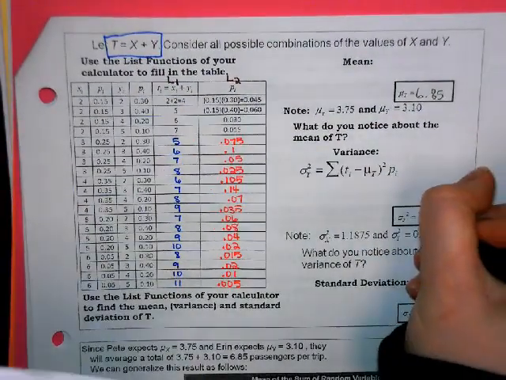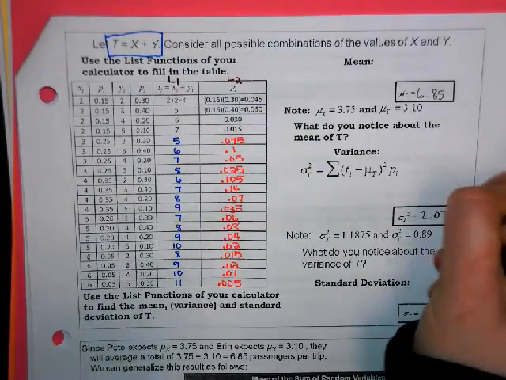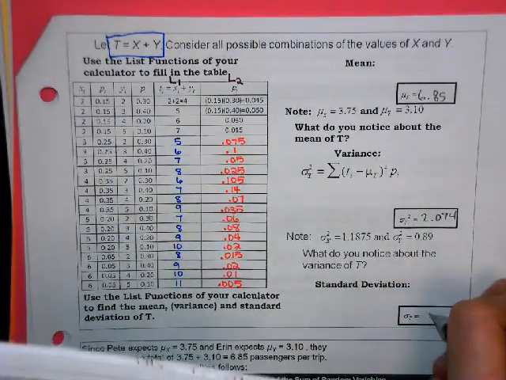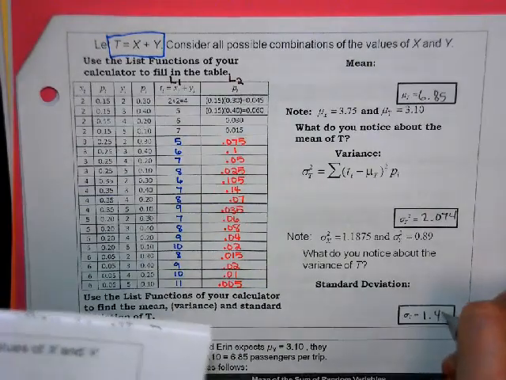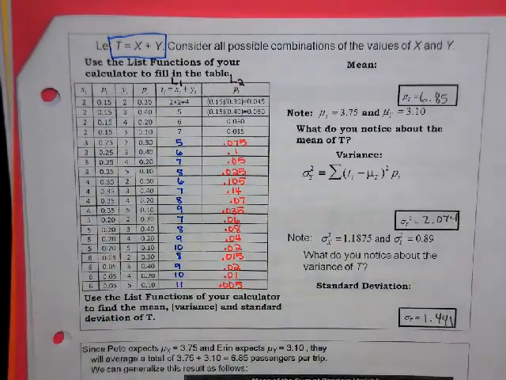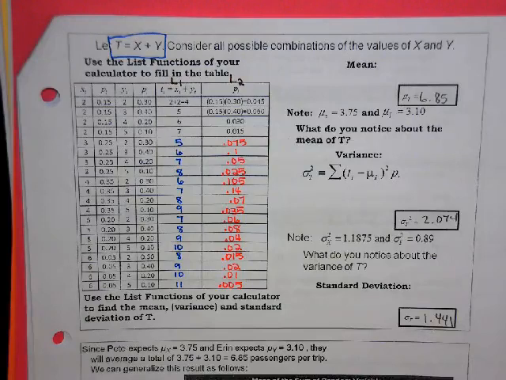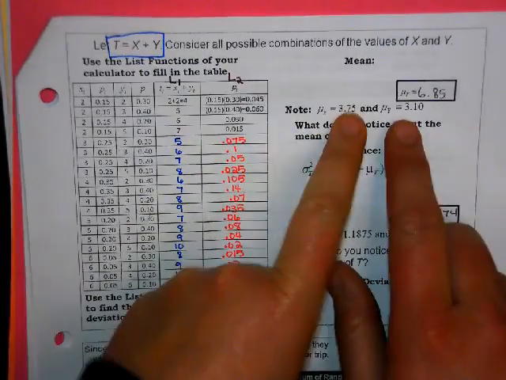All right, so expected value, 6.85, which quite a few of you, 1, 2, 3, 4 of the groups predicted 6.85 because we can add our means together.